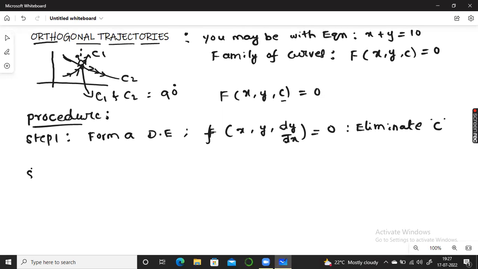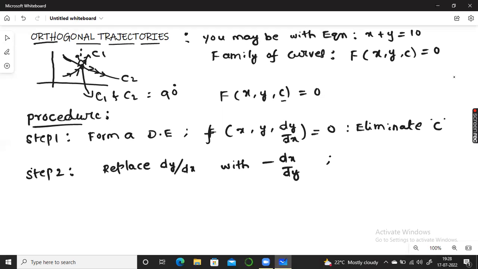In step 2, you have to replace the dy by dx term with minus dx over dy, because one condition, that is m1 m2 is equal to -1, must hold between the two curves in order to make them perpendicular.